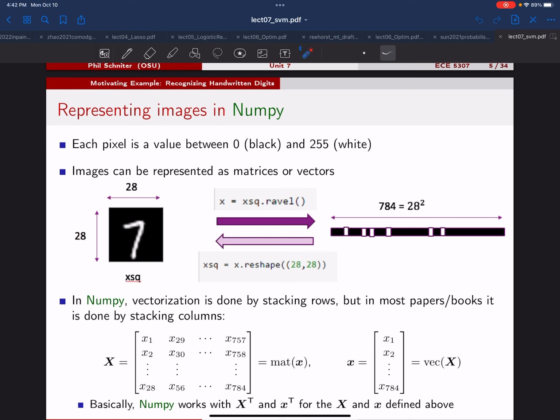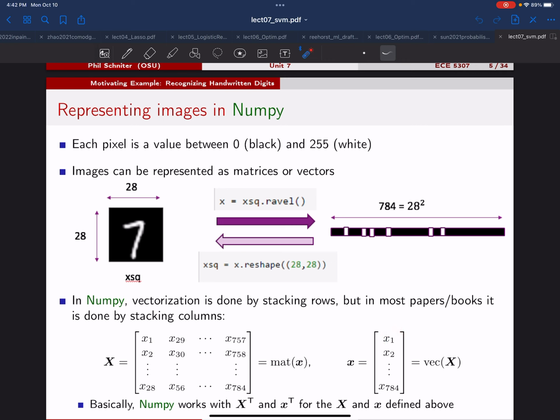One comment: be a little careful when you look at books or papers involving linear algebra that convert between vectors and matrices. The assumption there is that it's always column-wise. So if this is your matrix X and you want to convert it to a vector, you take the first column and then below that stack the next column and so on, and you get this long column vector.